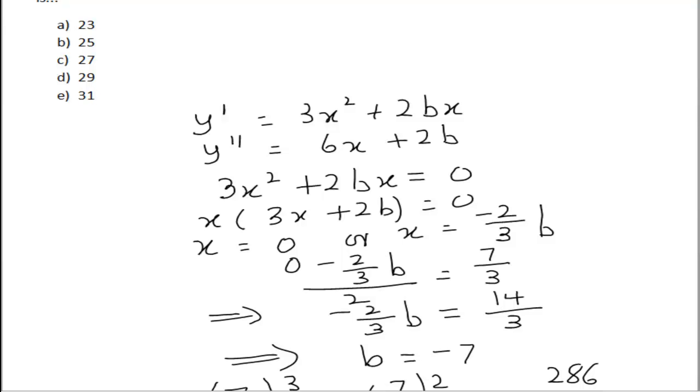And what you noticed is that if we go and solve for x here as well, we'd have got x equal to 0, and then x is equal to minus 1/3 of b, which you would obviously equate to 7 over 3. So that is the other option that you had.